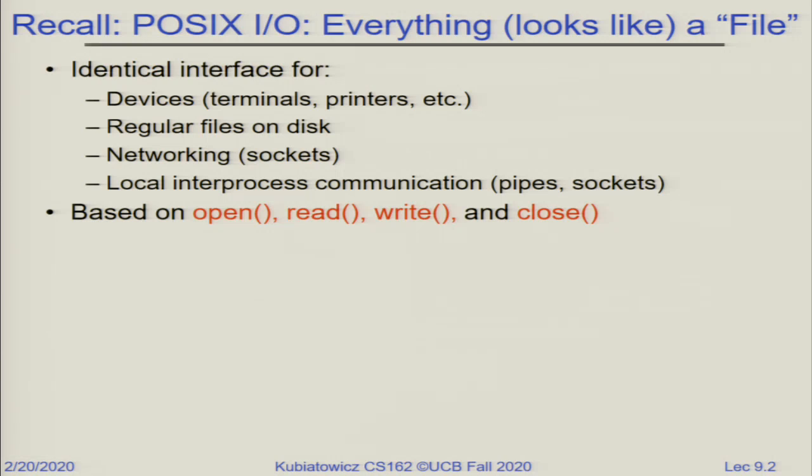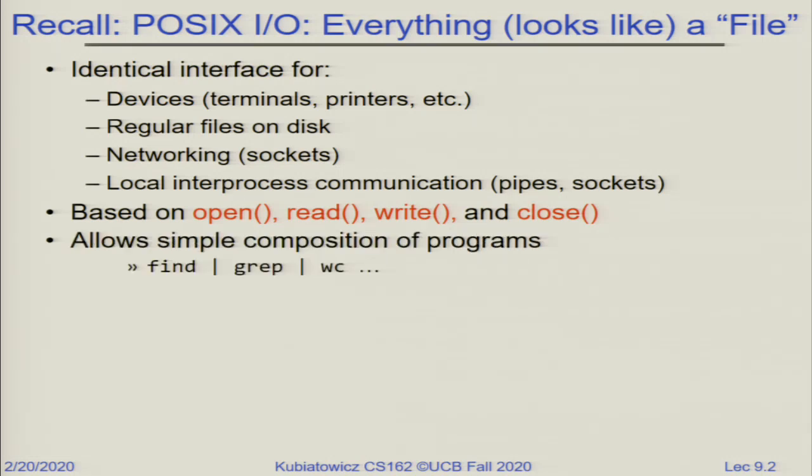Those are the things that sort of break outside of the everything looks like a file paradigm, and in that case you use that special ioctl system call to set those things. But because of everything looking like a file, it means that things can be composed, among other things, with pipes.